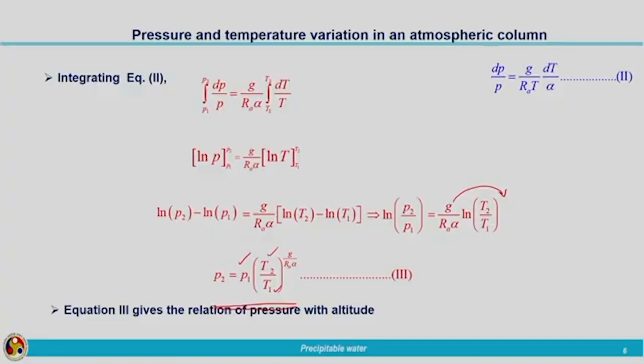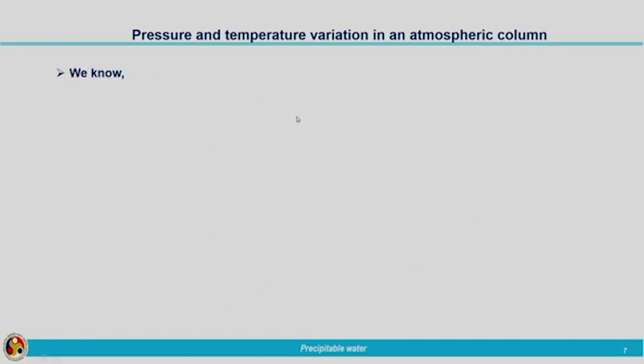Now, let us see how we can get the temperature. We will make use of the lapse rate equation, that is dT by dz is equal to minus alpha. We know the two sections we are considering are section 1 and section 2. Now, we are going to write the discretized form of this equation.